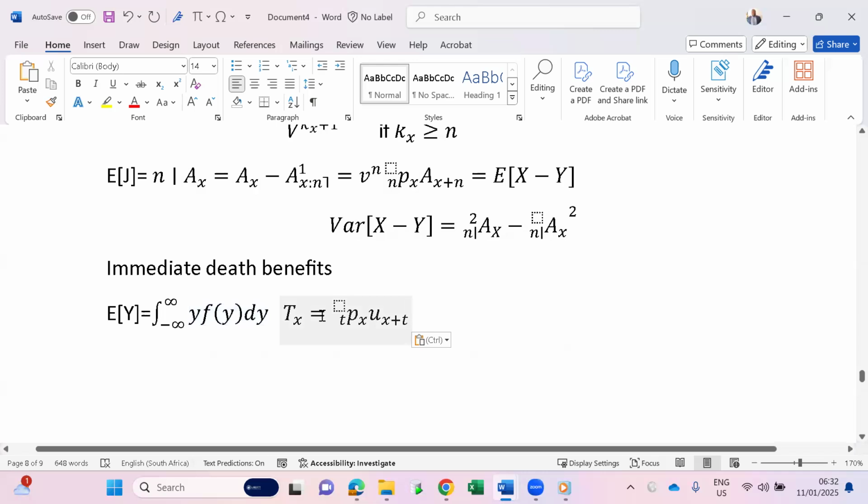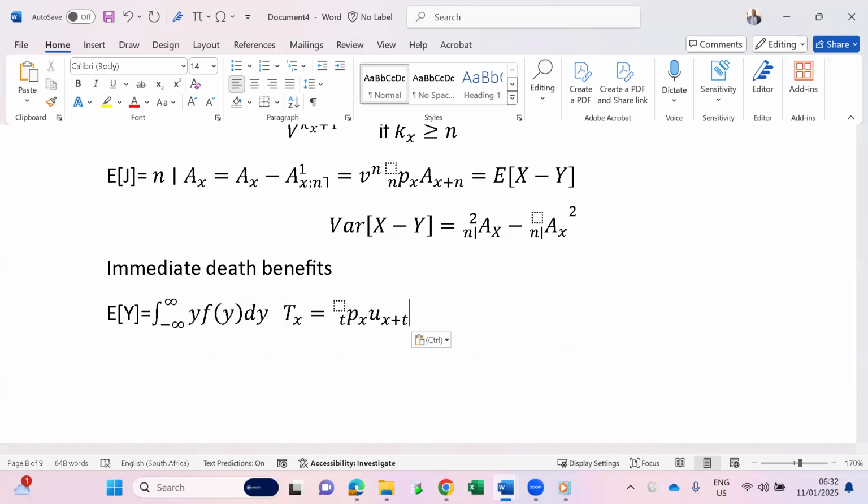So we know that tp_x, which is the lifetime random variable, the PDF in this case normally is tp_x μ_{x+t}, right? So these two are important as we start defining, right?